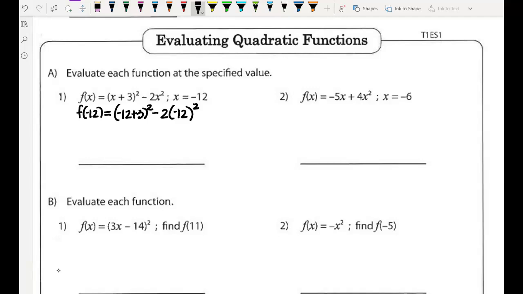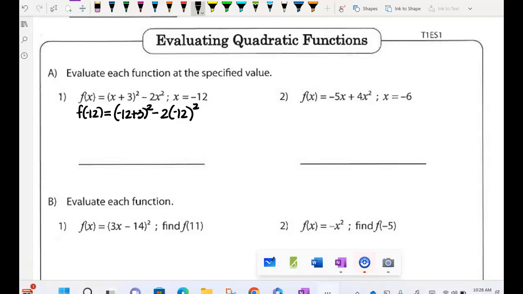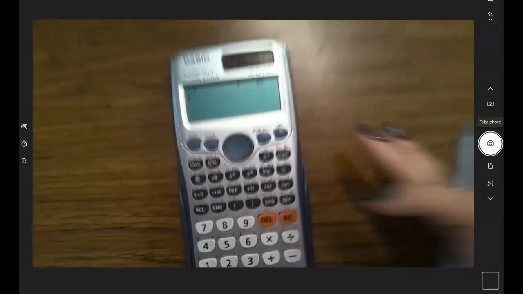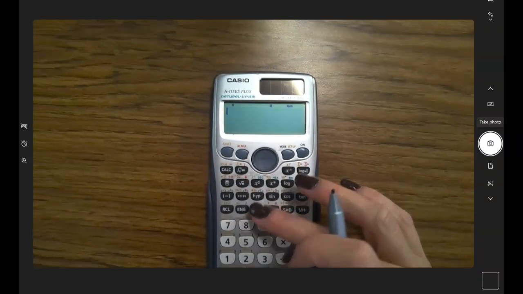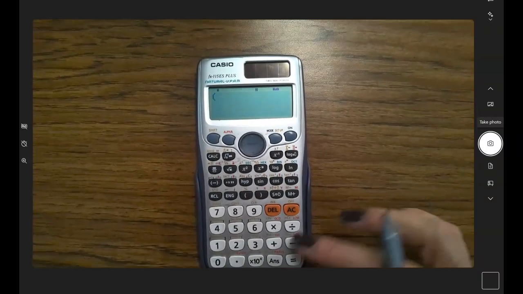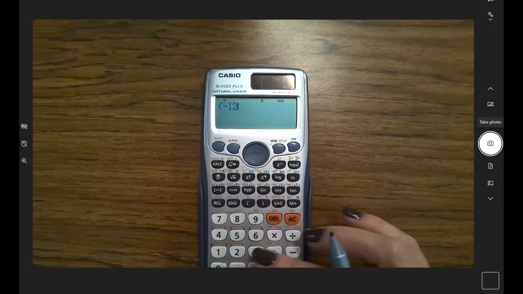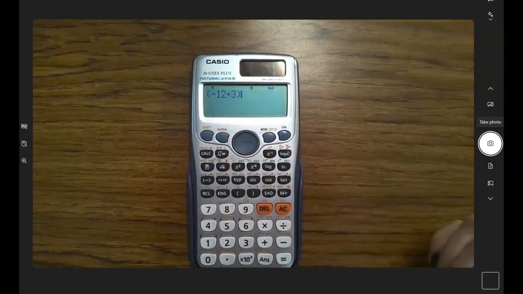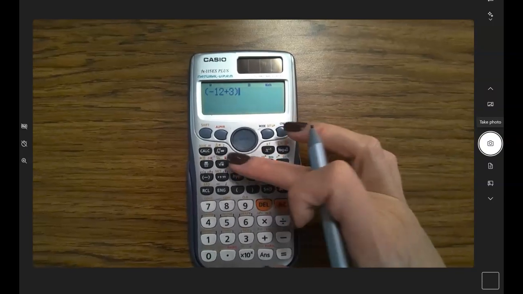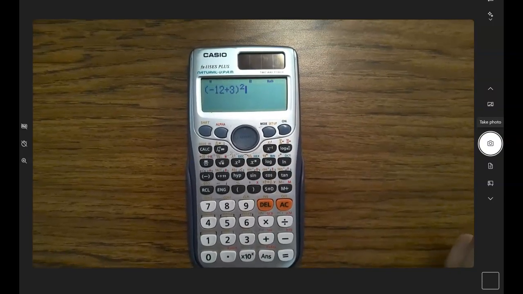And that goes for your calculator as well. When you are putting this into the calculator, you have to make sure that you are putting the parentheses in the calculator. Otherwise, you are going to do the wrong math. So if I look at my calculator here, I have to start my parenthesis, negative 12 plus 3, end my parenthesis, and I want to square that value, so I hit my square key here.